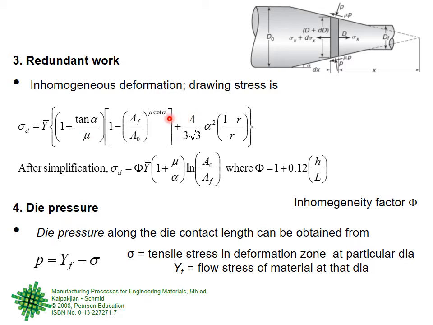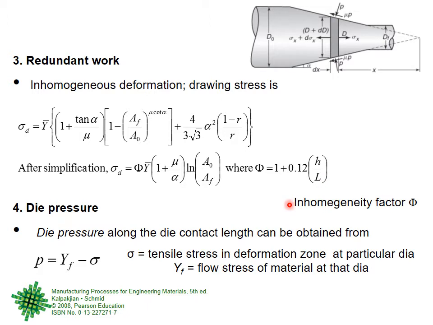It can be simplified. Just to think of it as a small equation, sigma d for redundant work is phi y bar (1 + mu/alpha) ln(A0/Af). And this phi is equal to 1 + 0.12 h/L.